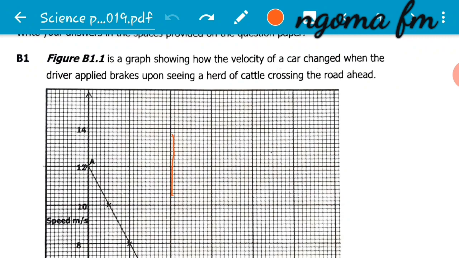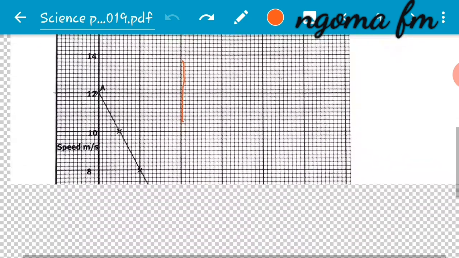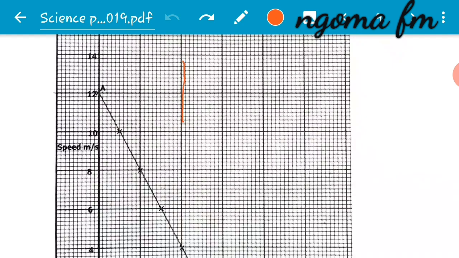The question reads, Figure B 1.1 is a graph showing how the velocity of a car changed when the driver applied brakes upon seeing a herd of cattle crossing the road. Now, let's look at our graph. We've been told that it's a velocity time graph, so we should have velocity on the y-axis, and in this case, it's labeled as speed.